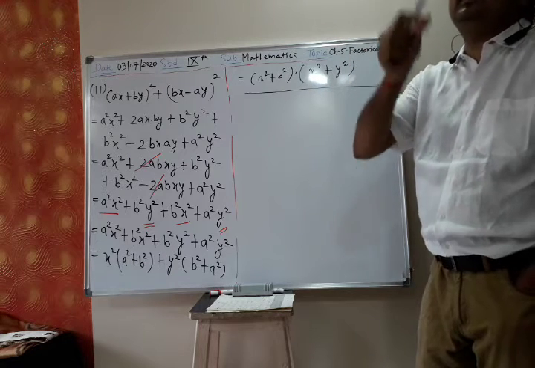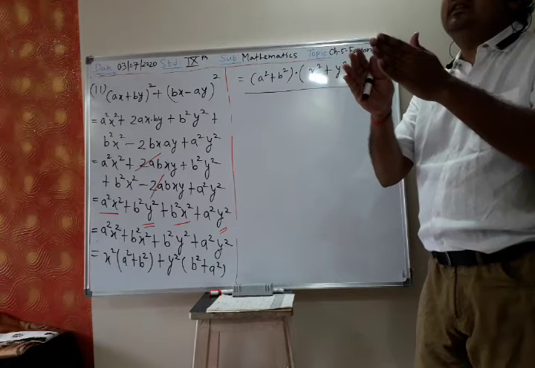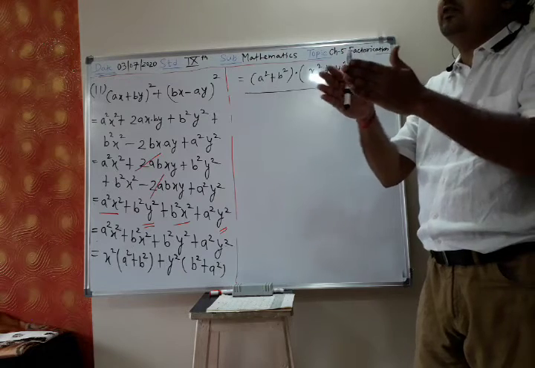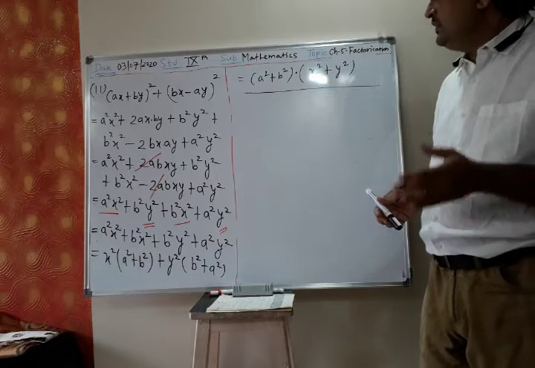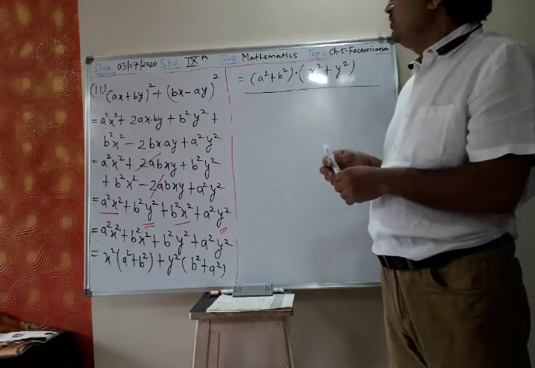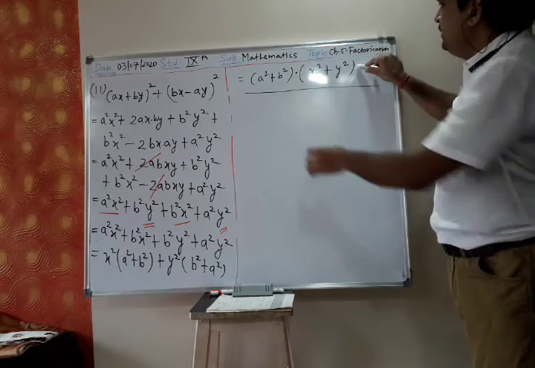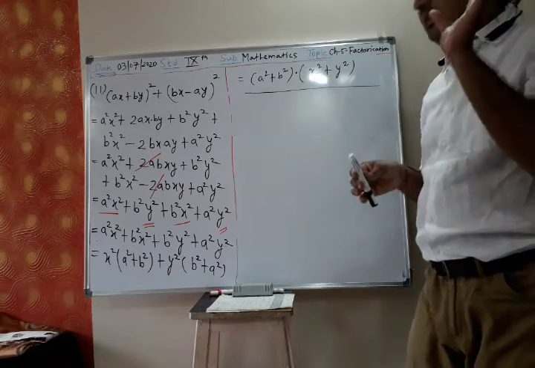Everywhere it should be multiplication. There will be multiplication sign between first term and second term and third term and fourth term. Everywhere between. Yes, in answer there will be 3 terms also. But what is important? There should be multiplication between all the 3 terms. Does not matter.